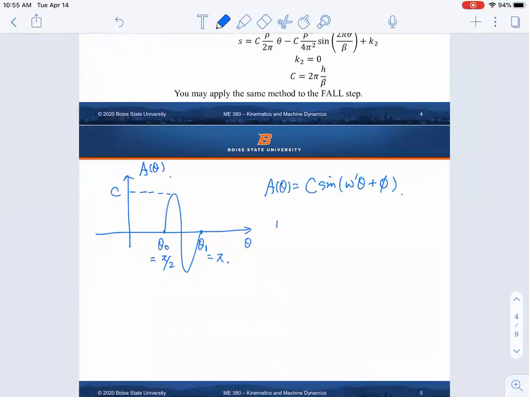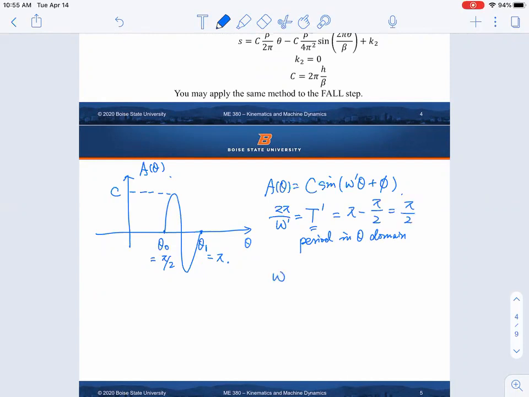And then your omega prime over 2 pi, so that's your T prime in theta domain. That's your period. So in this case, your period is no longer 1. It's actually pi minus half pi, so that's half pi.